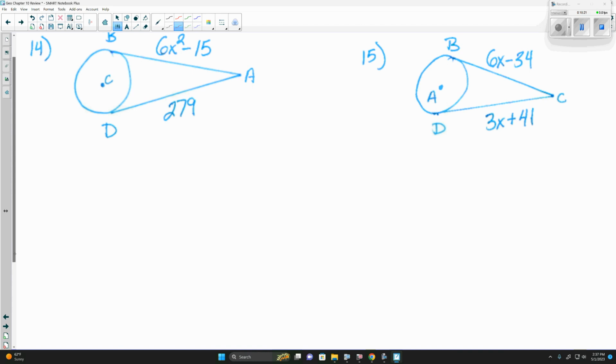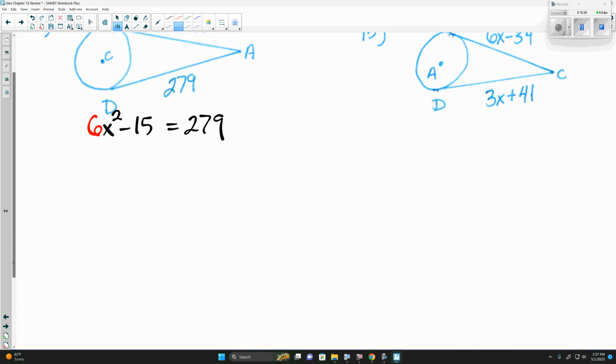Yes. So this is the same as number 12. They're both going to be the same, so they're going to be set equal to each other. The first thing we can do is add 15 to both sides, telling us that 6x squared is equal to 294.